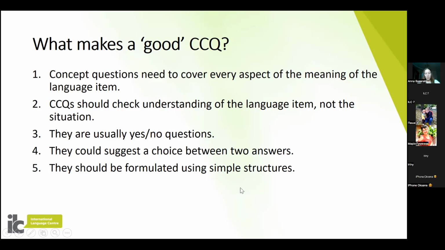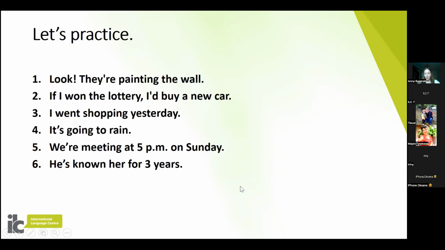So let's analyze together a couple of examples here. So we have sentence number 1. Look, they're painting the wall. So what is the concept? So we know it's present continuous. And the concept of this present continuous is that we can see it. It's about present and it's happening right now. So these are your 3 CCQs.